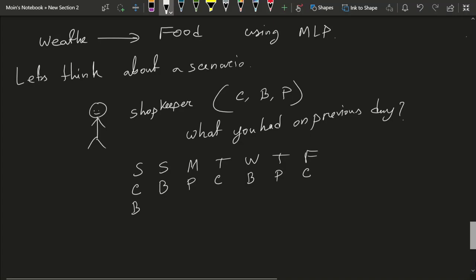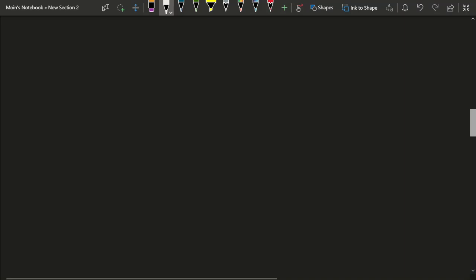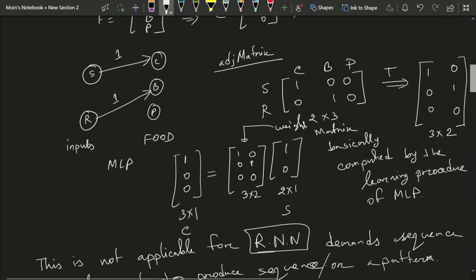So your food is not confined to a particular day. The shopkeeper always tries to provide you the next food, which was not served to you on the previous day. That's the fundamental catch.